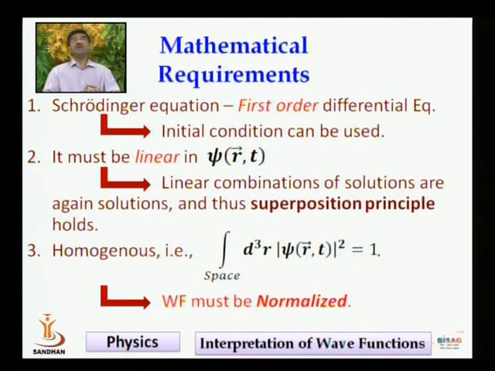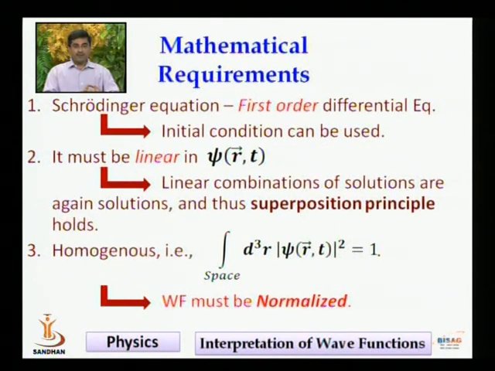by employing the initial conditions. What will be the wave function psi at initial time t equals 0? So if we know the wave function at t equals 0 at a position r, mathematically, if we know psi of r, 0, then we will be able to solve the Schrödinger equation even at a later time.